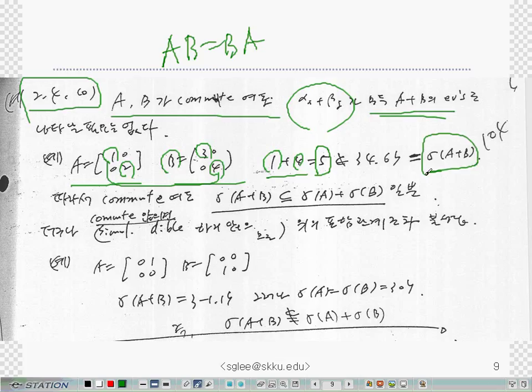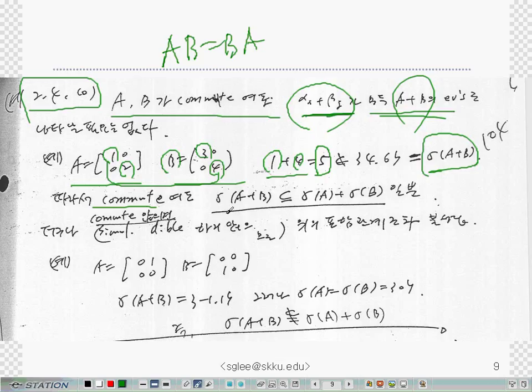But it is not an eigenvalue of A plus B. So even if A and B commute, a sum of eigenvalues of the two matrices still is not necessarily an eigenvalue of the sum of those two matrices.